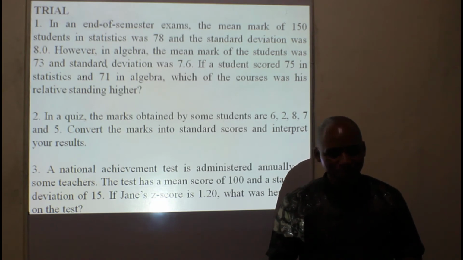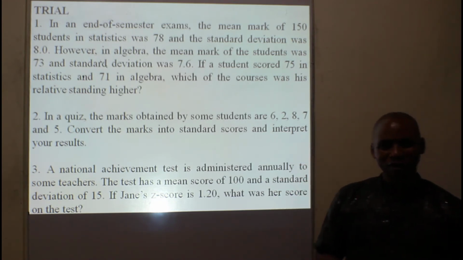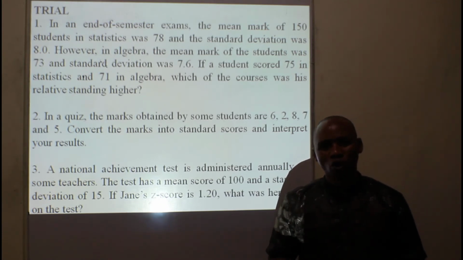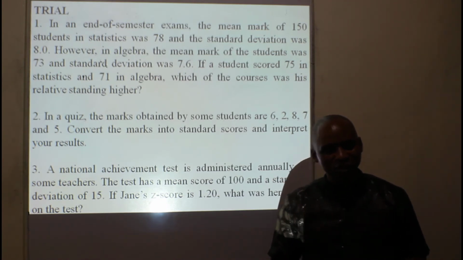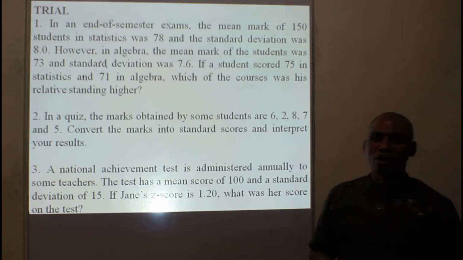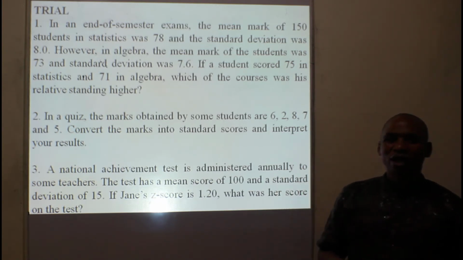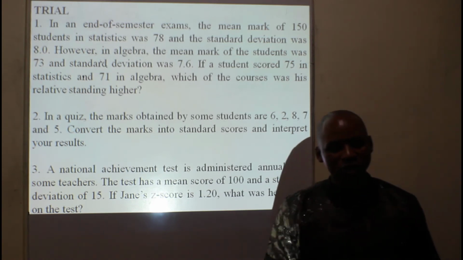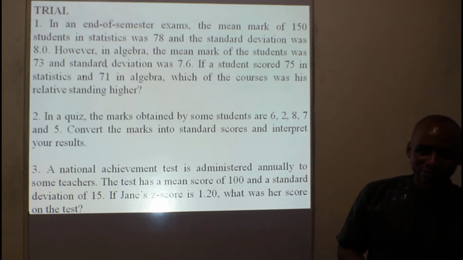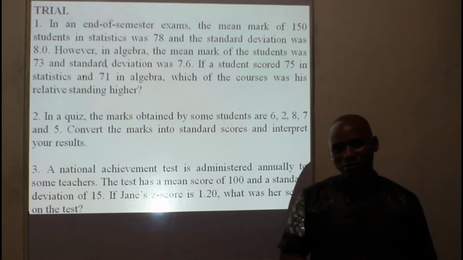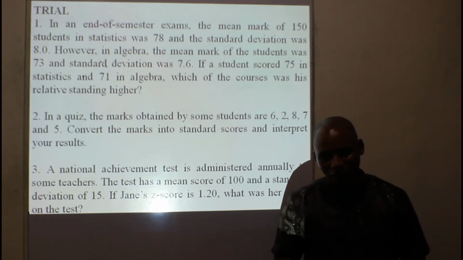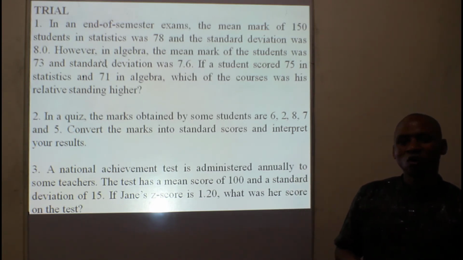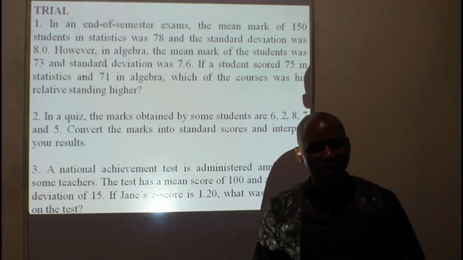However, in algebra, the mean mark of the students was 73 and the standard deviation was 7.6. If a student scored 75 in statistics and 71 in algebra, in which of the courses was his relative standing higher?